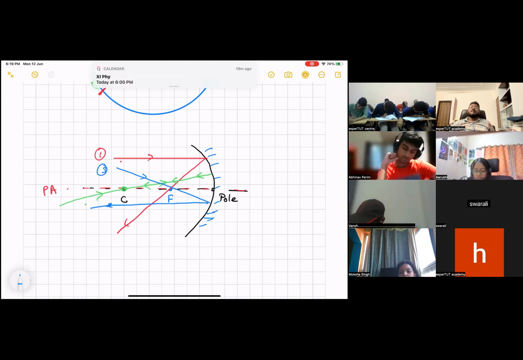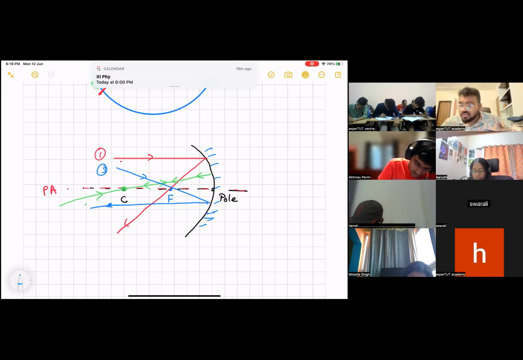Third, a ray passing through the focus will go parallel to the principal axis.